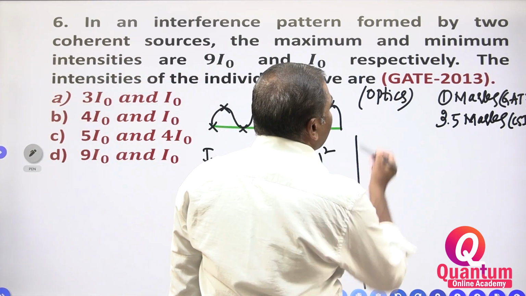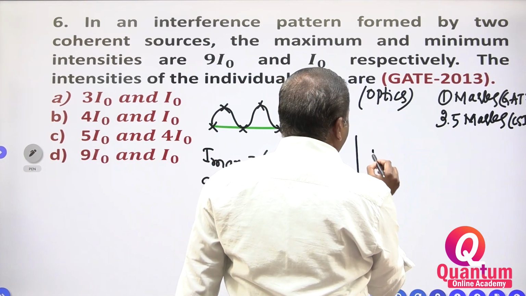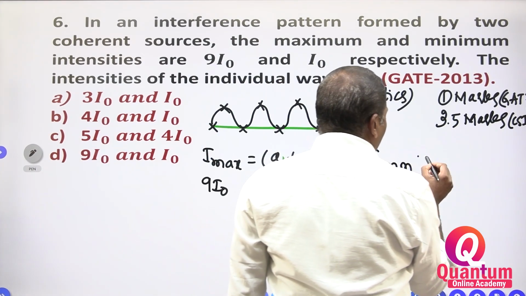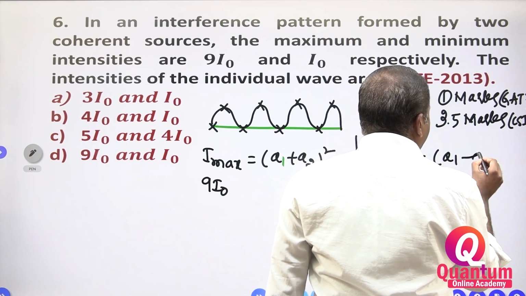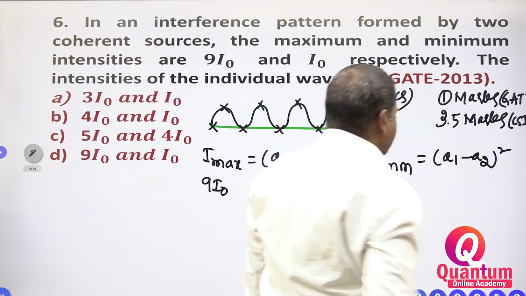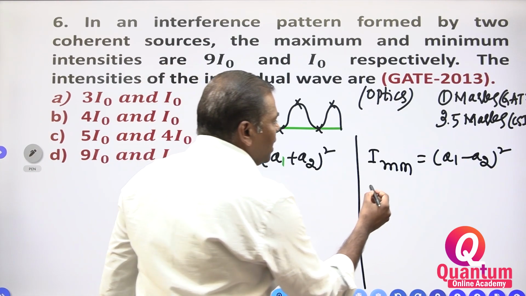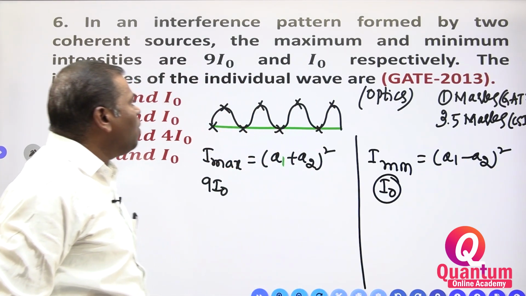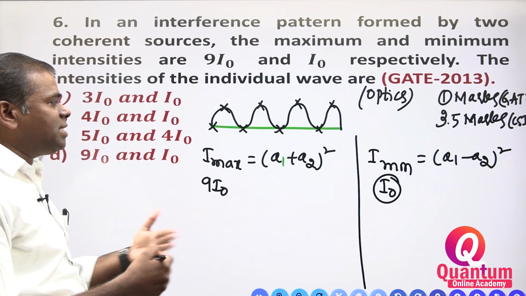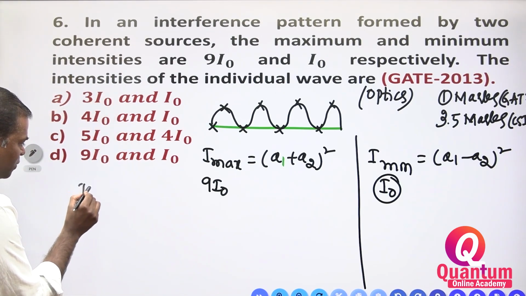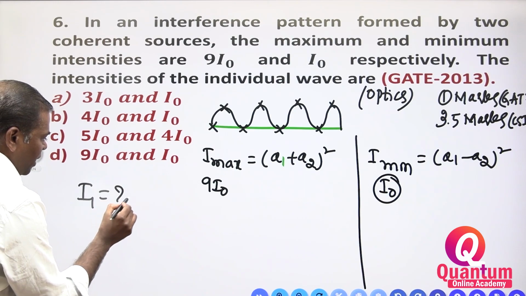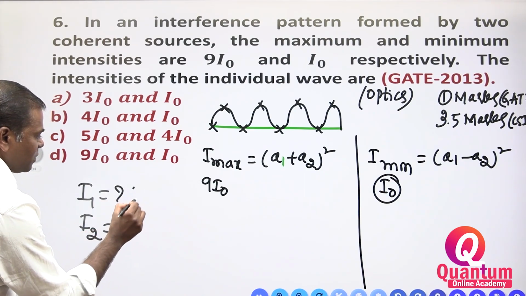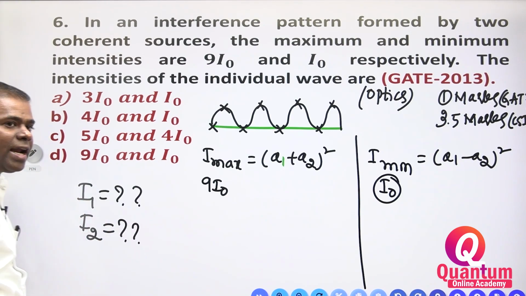The minimum intensity, I minima, is equal to (A1 minus A2) whole square, and they are giving it as I naught. What they are asking: what are the individual intensities I1 and I2?